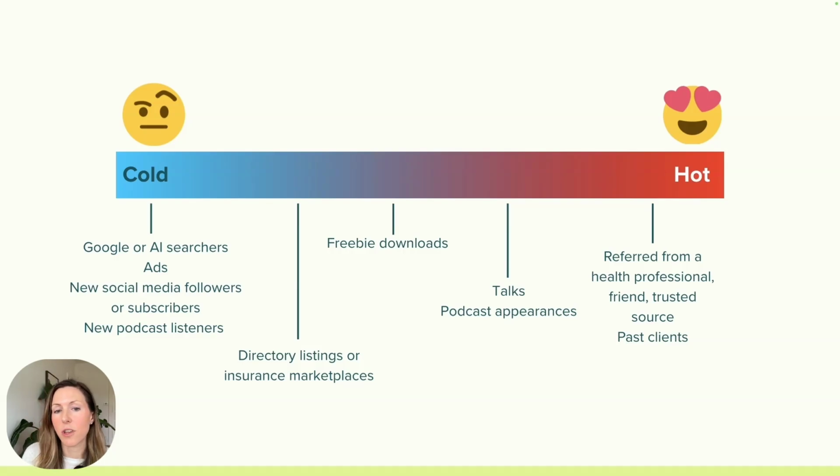Even warmer leads are someone, for example, who downloaded a freebie of yours, that lead magnet. Audience members from a talk that you gave, like a live talk at a community event, are even warmer because they sat and saw you talk for an hour. There is a lot of trust built through that kind of live interaction. So they're going to be warmer generally than some of the other leads that might be coming in.